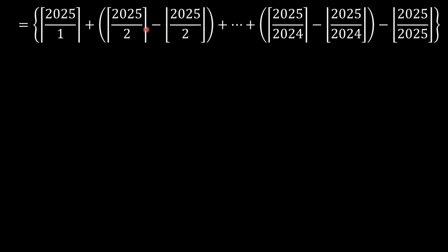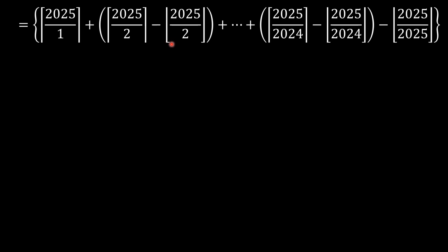For example, that happens when the integer in the denominator is a factor of 2025. For example, if we have 2025 over 5, we get 405. So the floor of 405 and the ceiling of 405 are equal, so that value becomes 0.